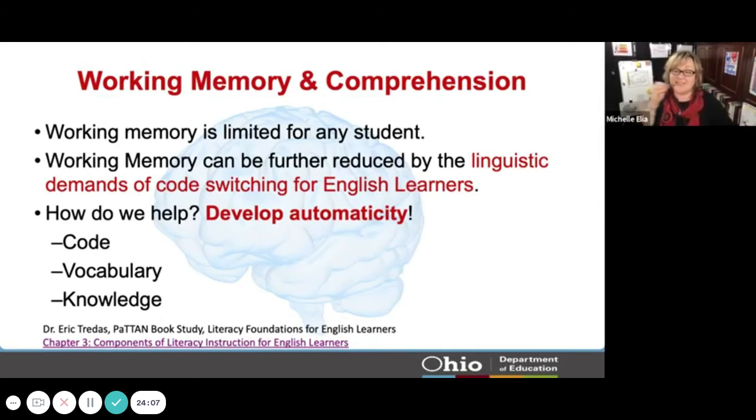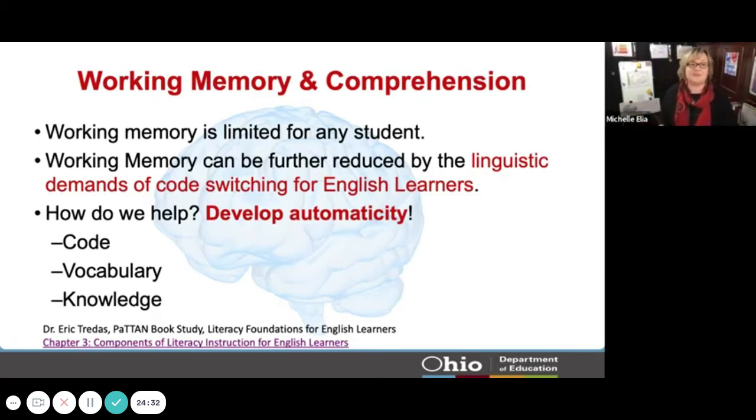That can put additional strain on their working memory, because if we can handle 3 to 4 pieces in working memory at one time as a little kid, and all of that is taken up with the conversion from L1 to L2 and the translating, it's going to limit what's left now to process and build new vocabulary, to decode words.